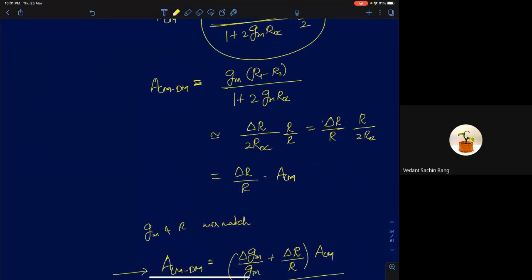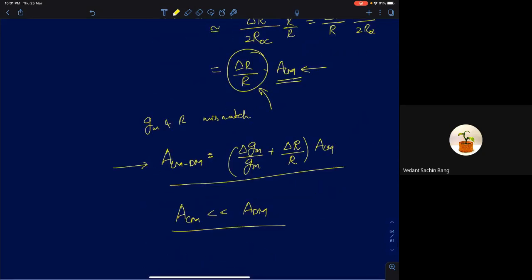The difference in ACM-DM will be the fractional change in the resistance multiplied by ACM of the current biased differential pair. So if you include both resistor and transconductor mismatch, your ACM-DM will come to very close to the sum of the fractional errors in both parameters times ACM.